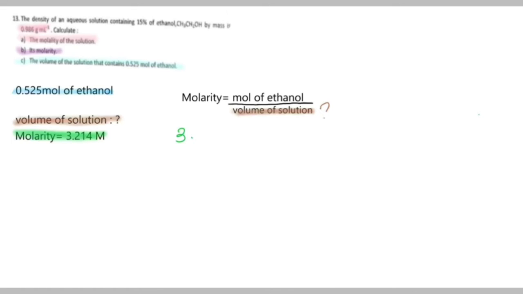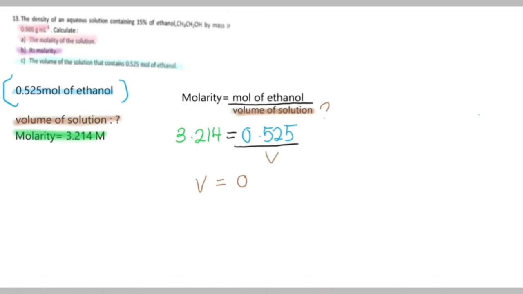Alright, we're almost done for this question 13, and this is the last part of this question. You need to find the volume of the solution that contains 0.525 mole of ethanol. The question gives the mole of ethanol, also the mole of the solute, as 0.525 mole. We need to find the volume of solution, so we can use the formula of molarity. By looking at the screen, you can see the molarity is equal to the mole of ethanol divided by the volume of solution.